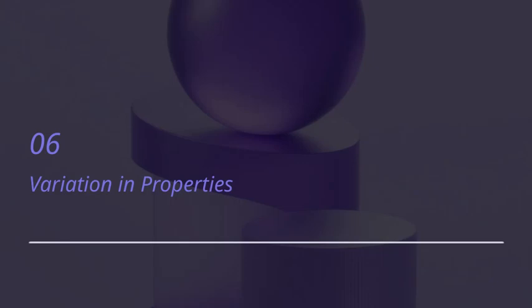Let's take a closer look at the variation in properties. As we explore different materials or components, you'll notice that their properties are not uniform. They can vary quite a bit. This variation can be due to factors like manufacturing processes, material composition, or environmental conditions. Understanding these differences is crucial because it impacts how materials perform in real-world applications.